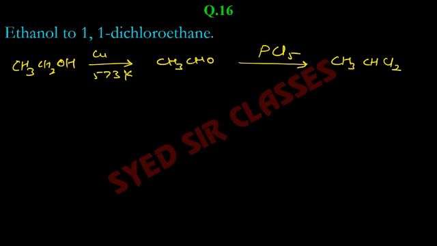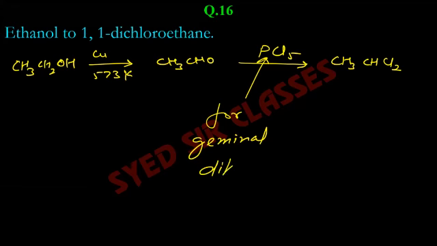Geminal dihalide means the halogen is present on the same carbon. Mainly chloride, because PBr5 does not exist. Okay.